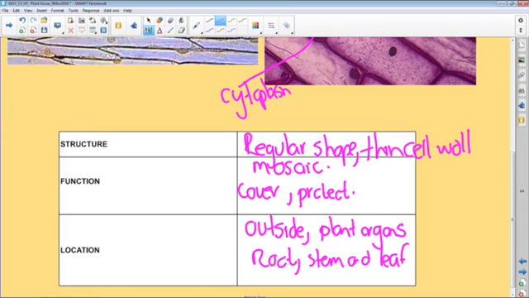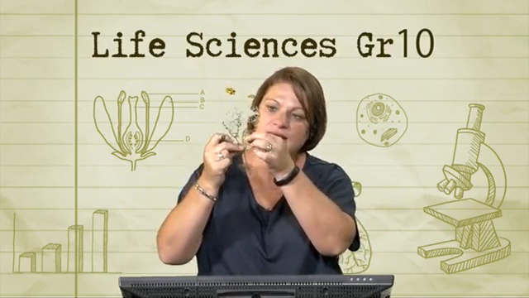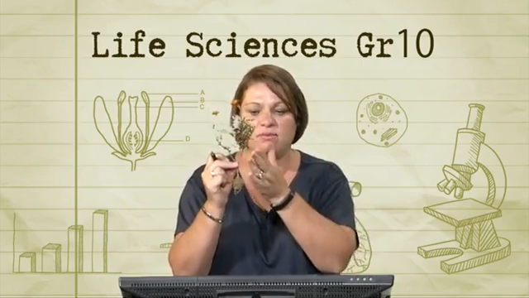So if I have a look at my plant over here, I'm going to find it's going to be different structures depending on what I needed. Here's my root, right? Here is my stem, here is my leaf, and if I want to protect it some more, I put like a wax coating on it called a cuticle, to stop water from going out of a plant and also to add extra protection.